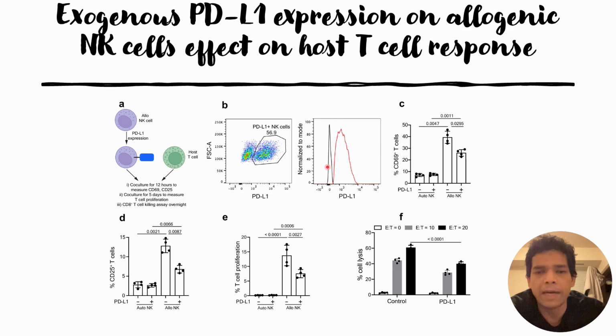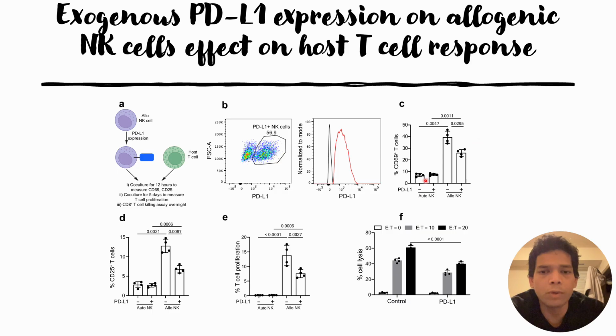The right side of panel B shows the histograms of the PD-L1 positive cells, which are higher than the background signals.